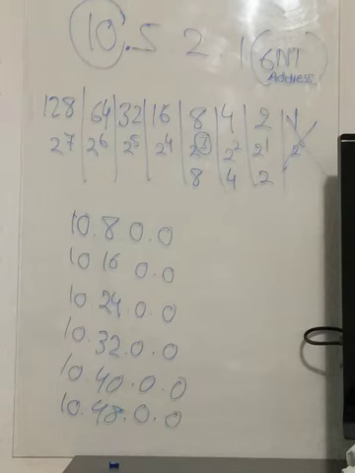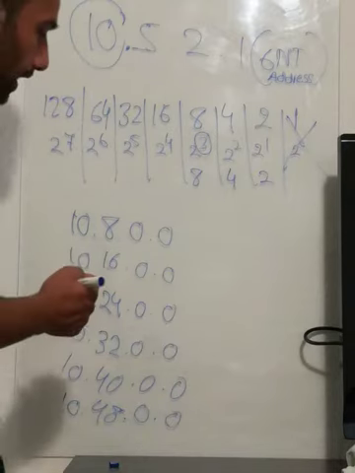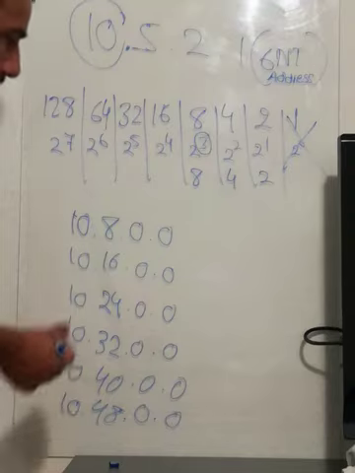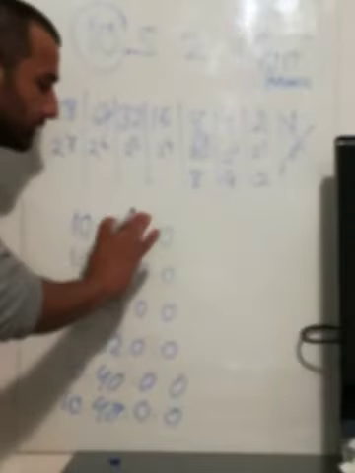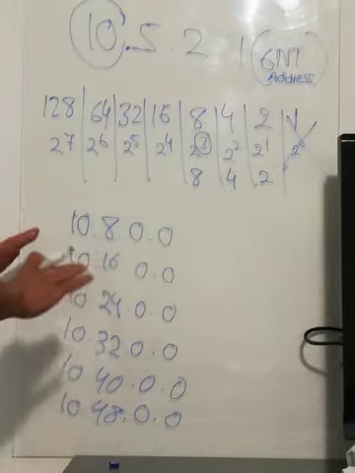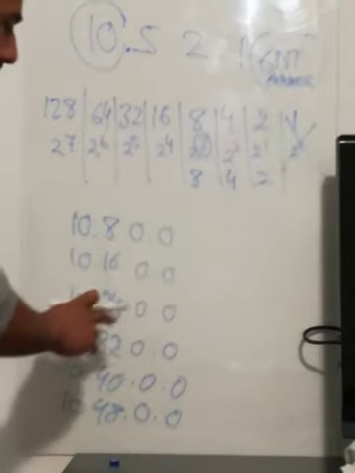Now, what about the broadcast addresses? I wanted to show you how you can find out the broadcast addresses here. The first one, don't worry about that one, just let it be like that.